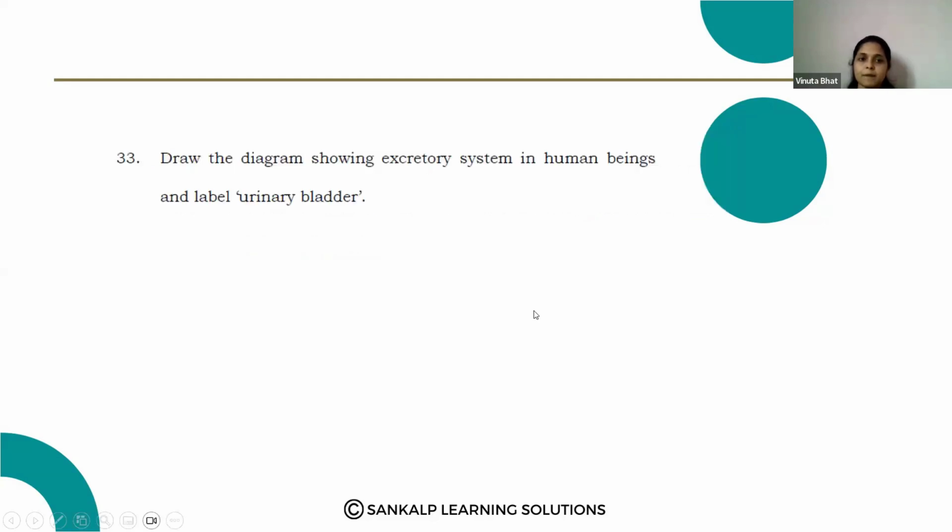Next question. Draw the diagram showing the excretory system in human beings and label the urinary bladder. So this is also an important diagram for your exam.